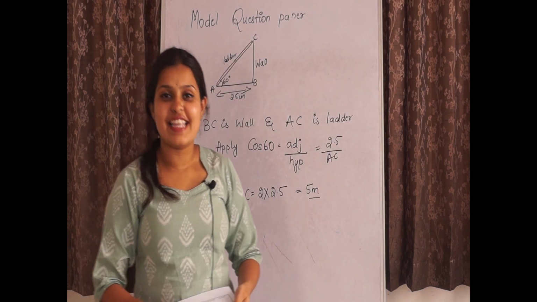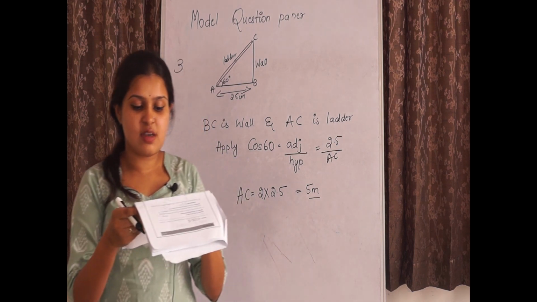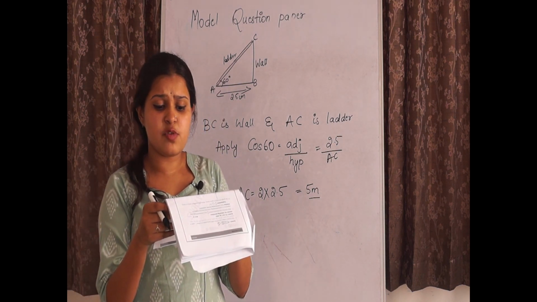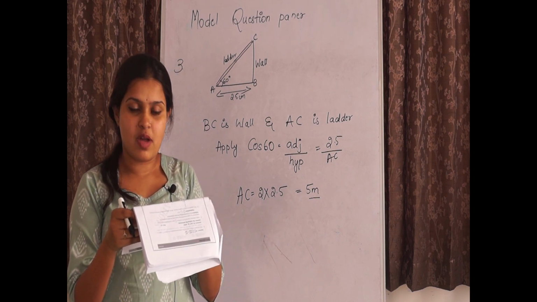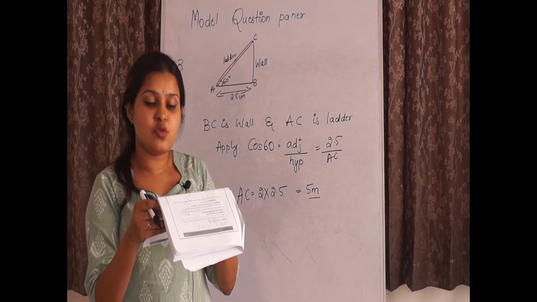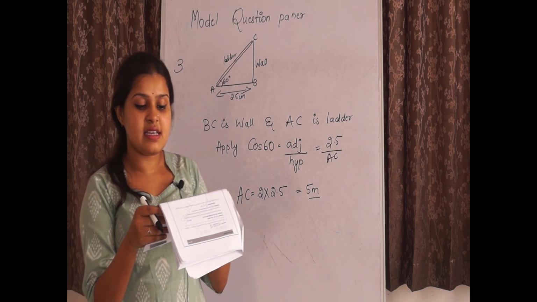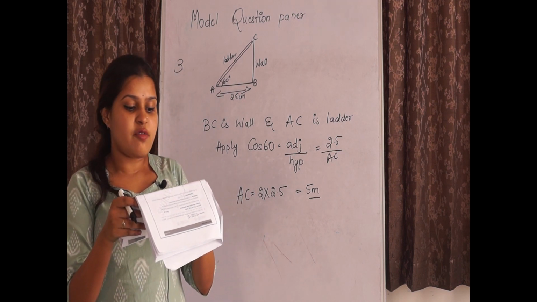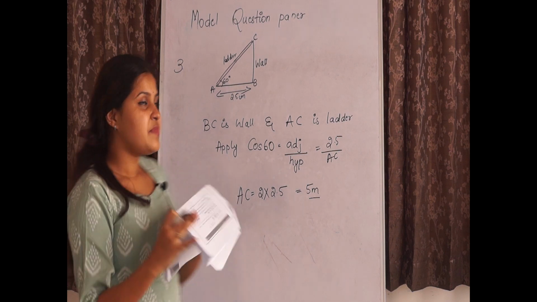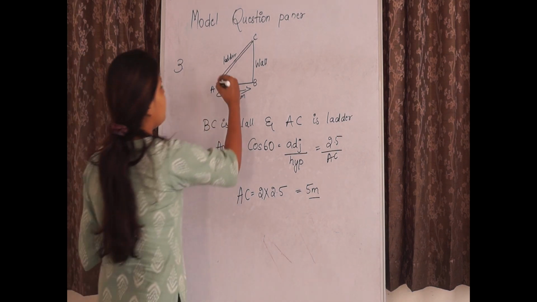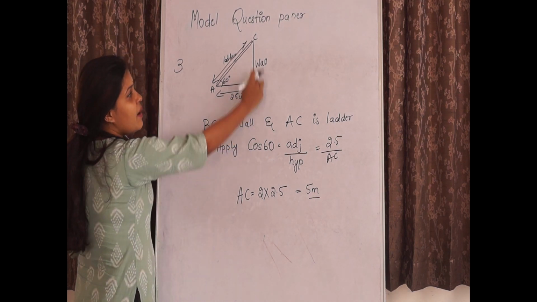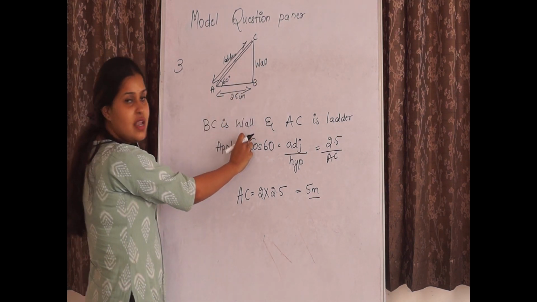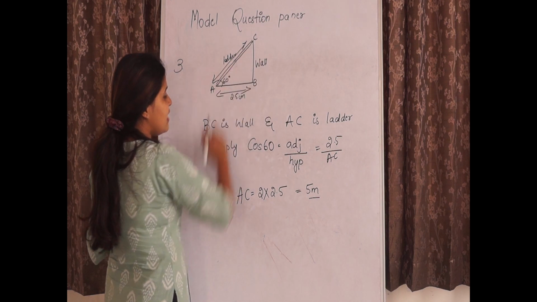A ladder is placed against a wall such that its foot is at a distance of 2.5 meter from the wall and it is inclined at an angle of 60 degree with the ground. Find the length of the ladder. So let's find the length of the ladder, that is AC. Now let's consider BC is the wall and AC is the ladder.